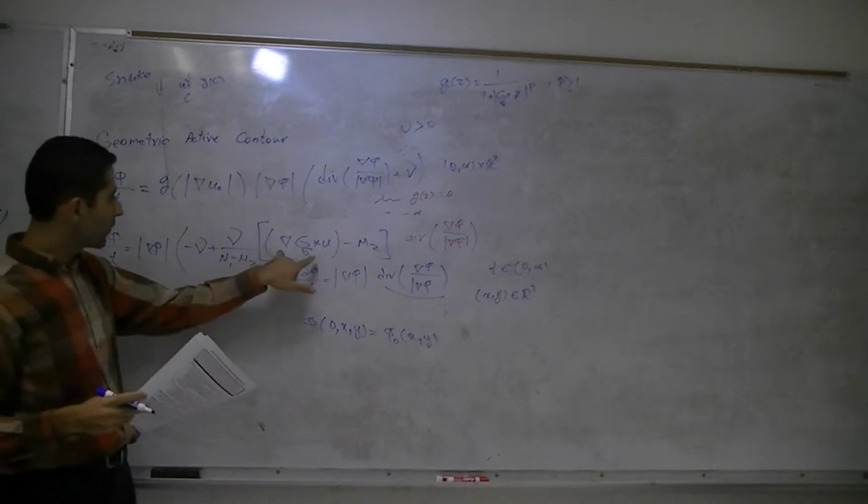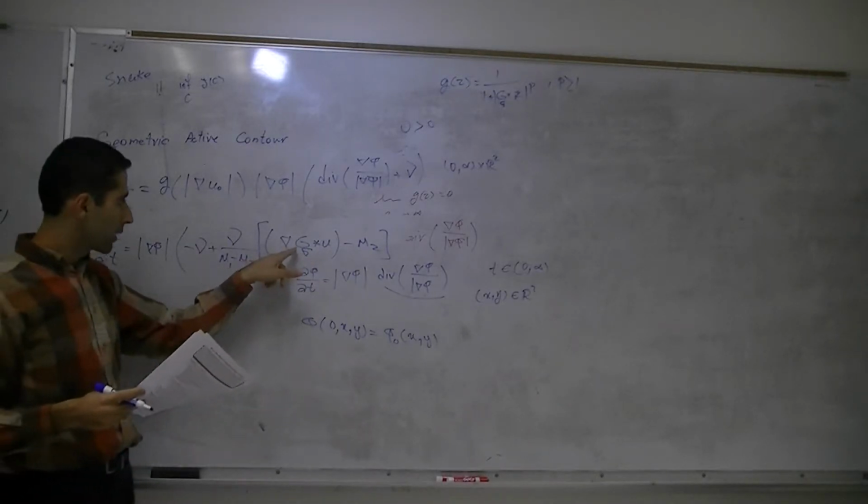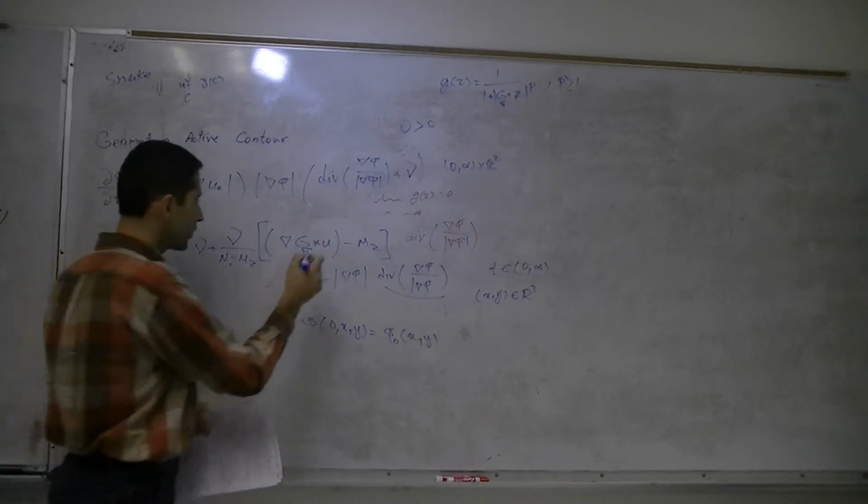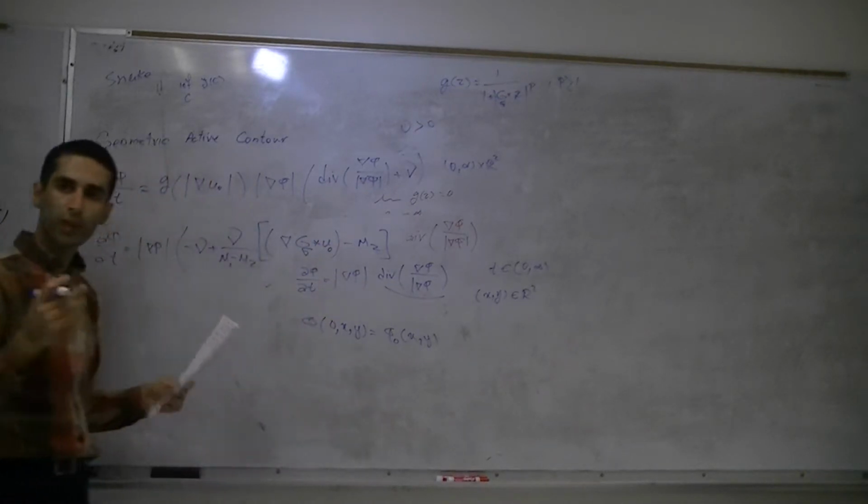Okay. Here, u0 is the intensity of the image.